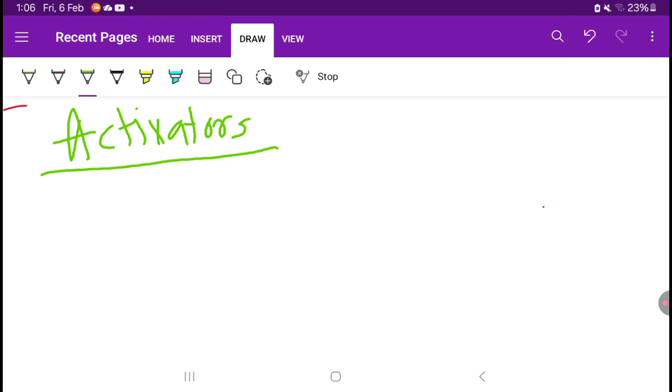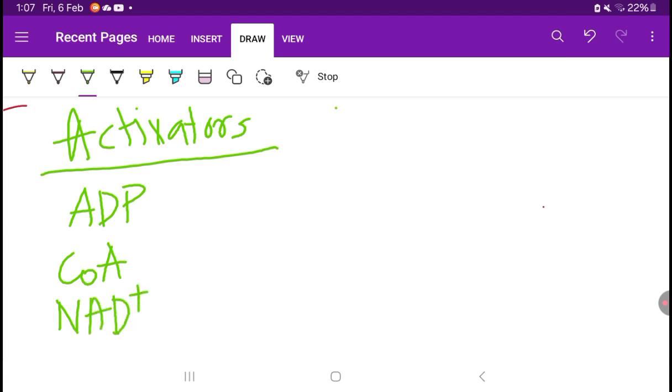Yes, because ATP is not present, and the raw form ADP is present. So one of the activators is ADP. Also the cofactor coenzyme A is converted to acetyl coenzyme A, so if there is a large amount of coenzyme A, the process will get activated. If there is a large amount of ADP, the process will get activated. And if there is a large amount of NAD plus, the process will get activated.